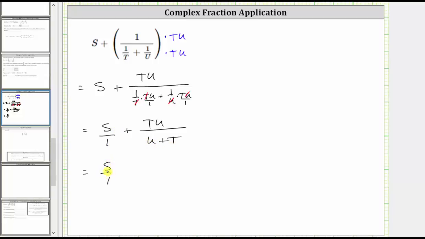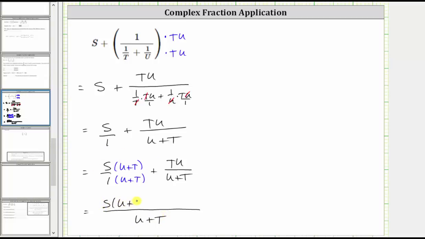So we have s over 1, and then we multiply the numerator and denominator by u plus t, plus tu over the quantity u plus t. Notice now we do have a common denominator, and therefore when we add the fractions, the denominator is going to remain u plus t, and the numerator is now s times the quantity u plus t plus tu.